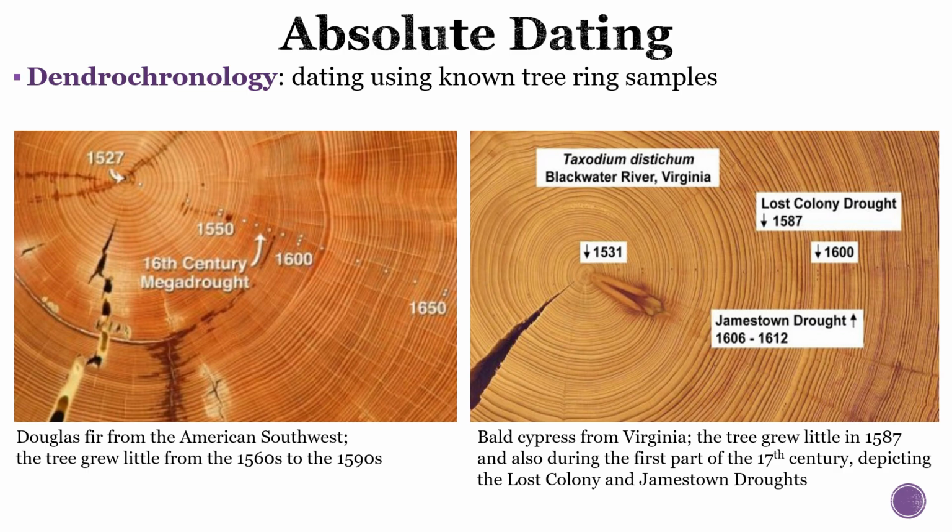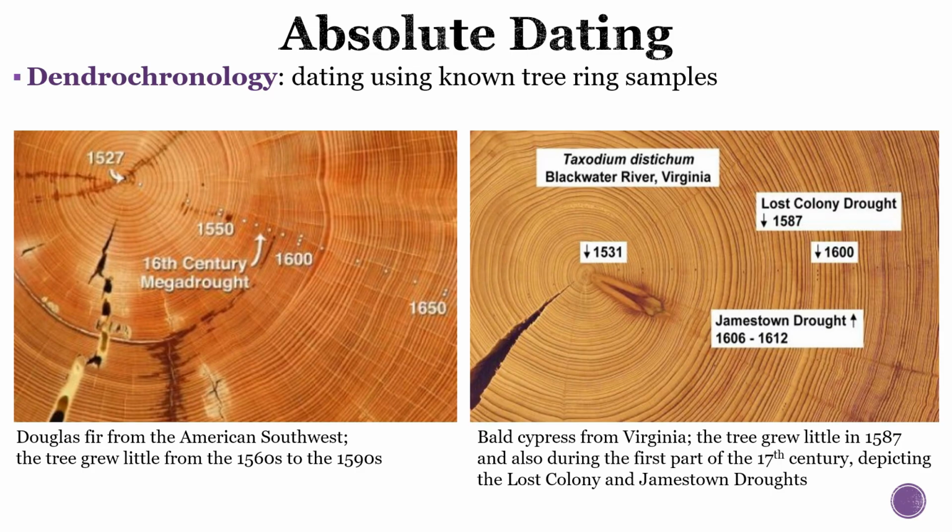There is a drought that was recorded in 1587 that corresponds with the settlement at Roanoke and the hardship and subsequent disappearance of it. It's often been referred to as the lost colony because it wasn't until recently that we knew what happened to its inhabitants.